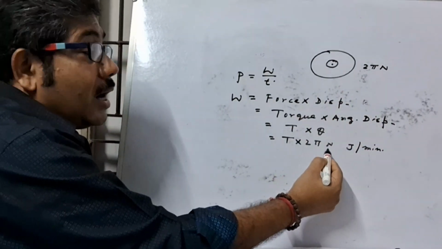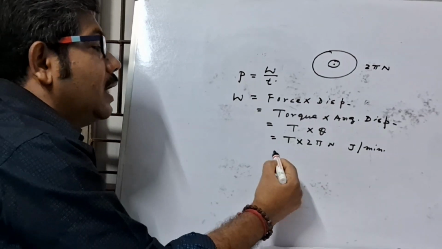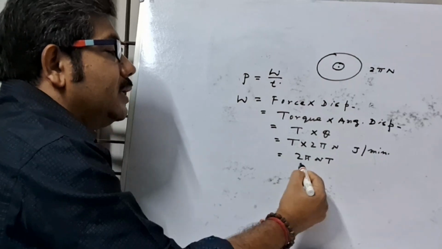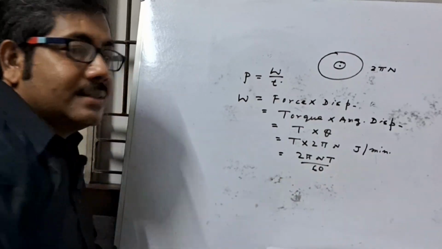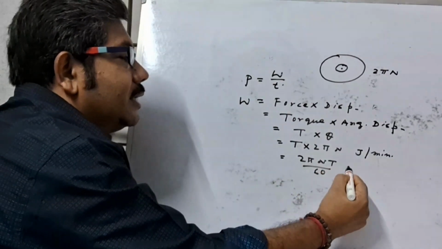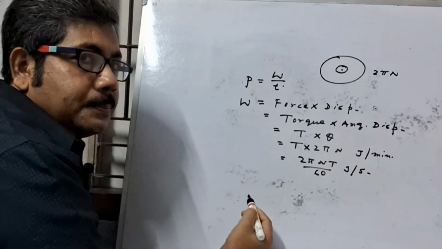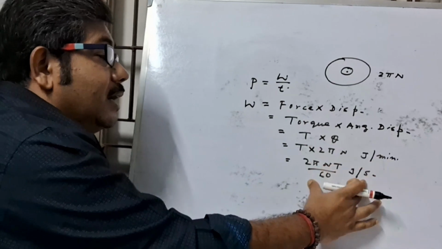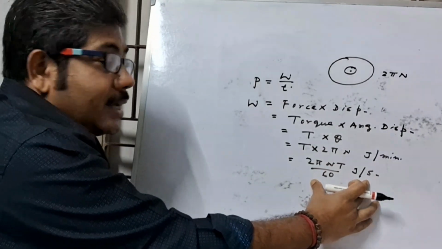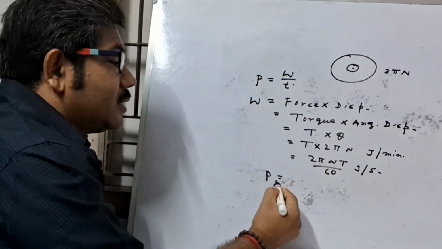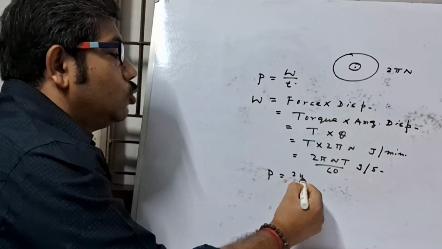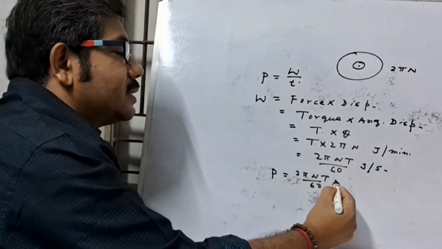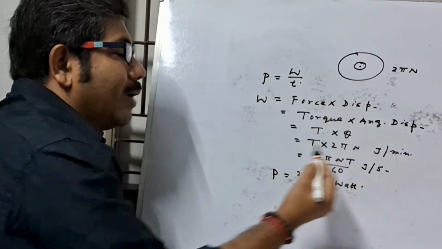Here n is RPM, revolutions per minute, and 2 pi nT per minute can be written as 2 pi nT by 60 joule per second. When work is done per second, it is the power transmitted by the shaft. So power transmitted P equals 2 pi nT by 60 joule per second, which means watt.